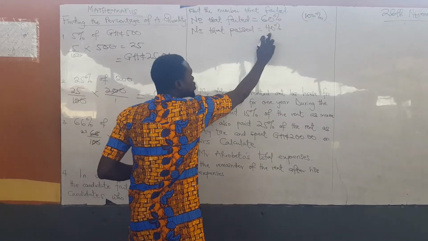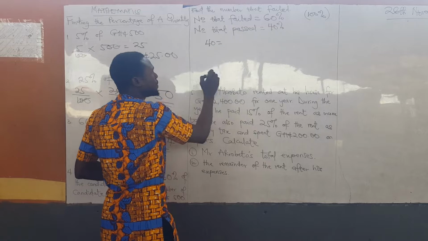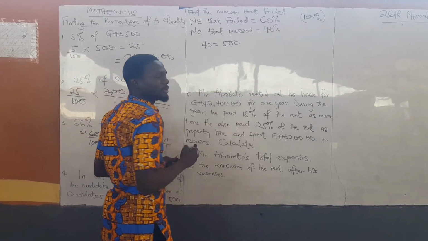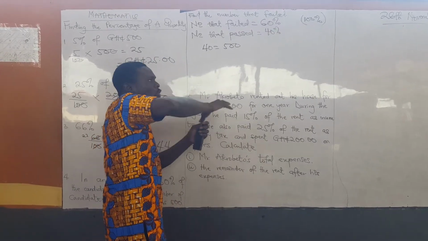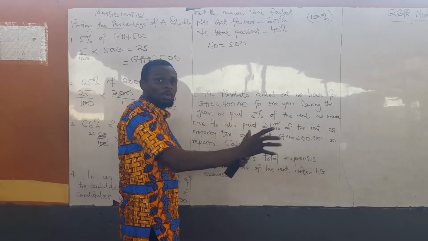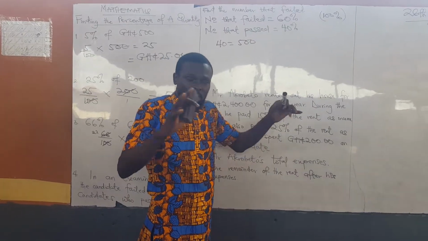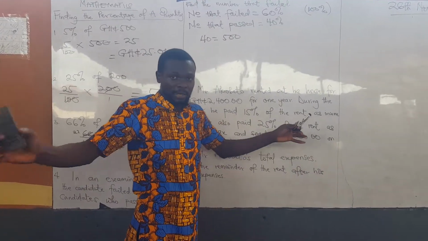So if 40% of the students passed, and the students that passed are 500, the total number of students that took the examination will be 100%. Why? Because in terms of percentage, the total number is going to be 100%.